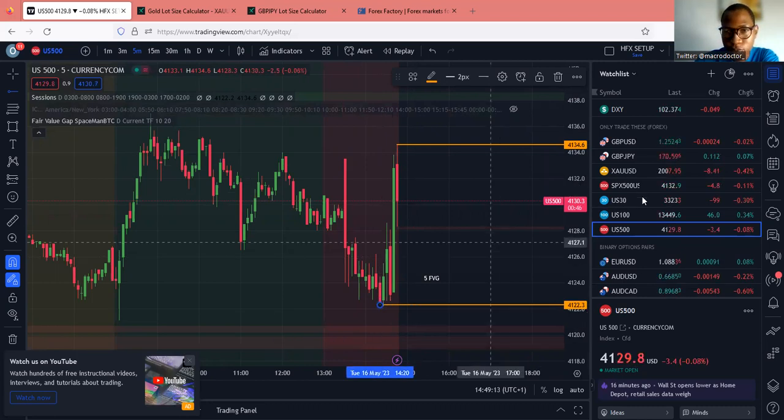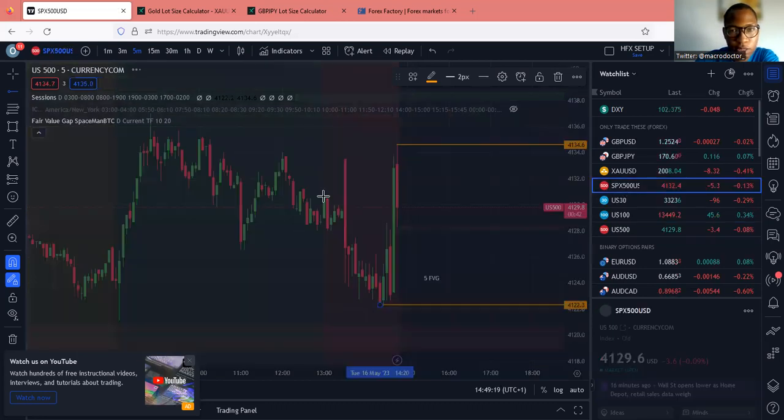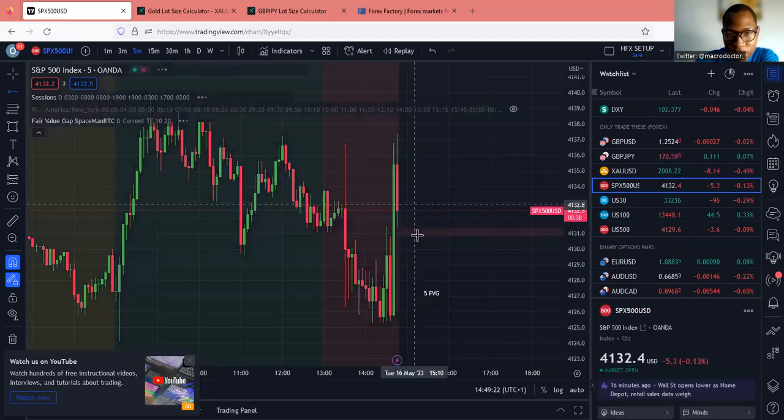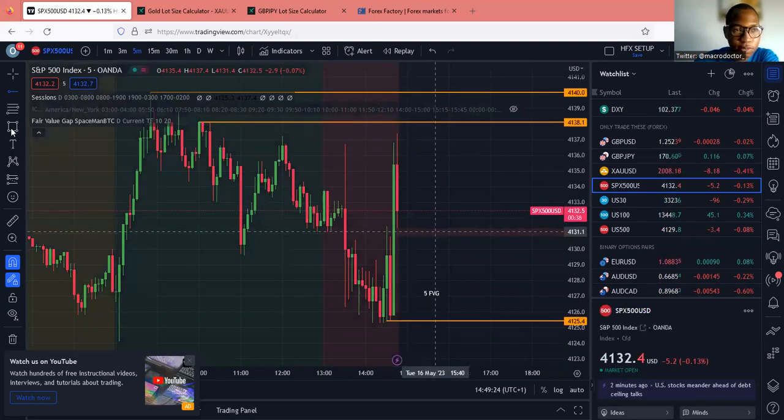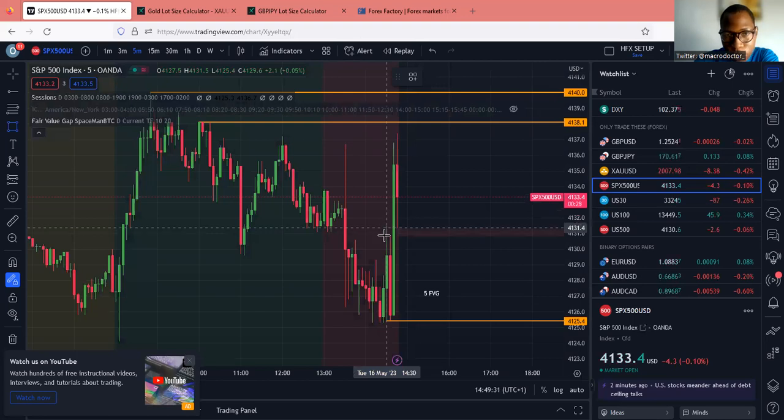Okay, so next step, of course, as always, is to mark out the closest fair value gap as well. So let's see if there's anything there. Fair value gap, there's a little one here. The little one just here. I'm going to mark that out.